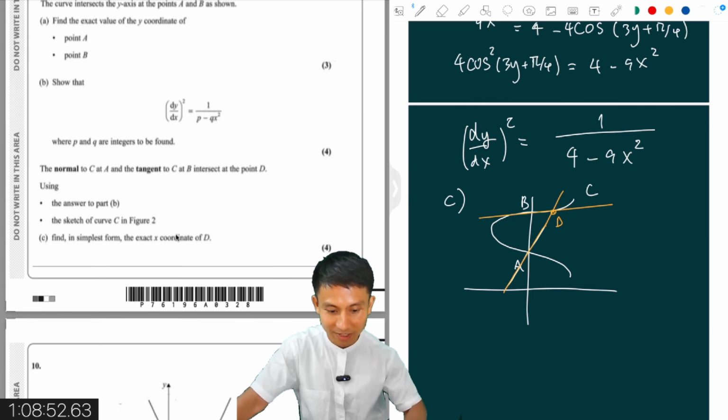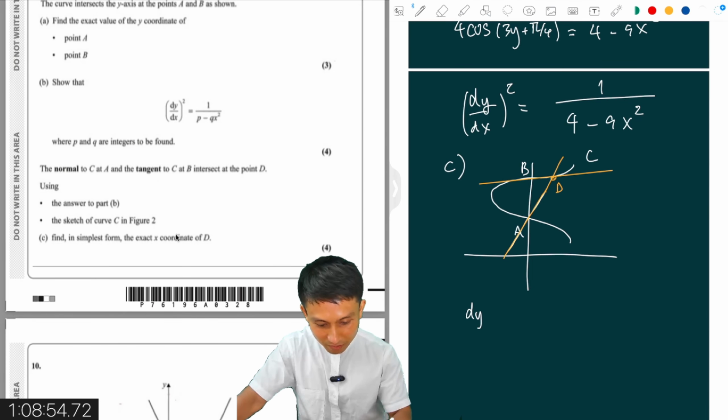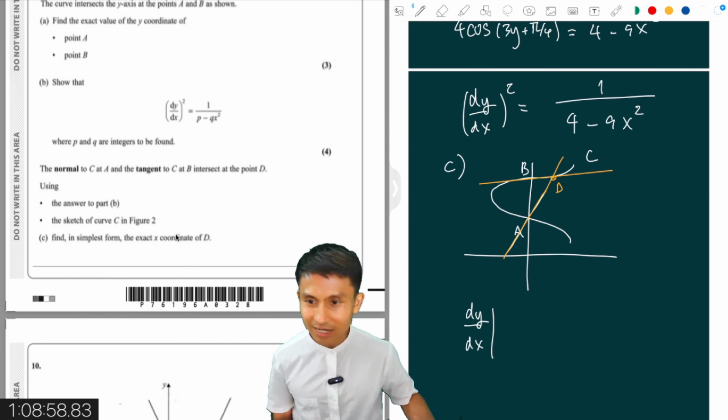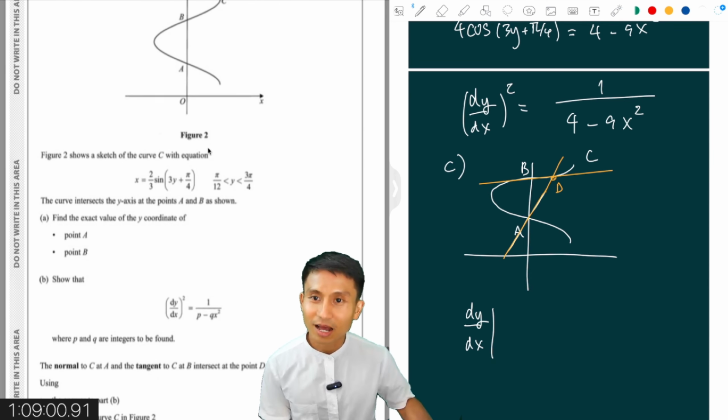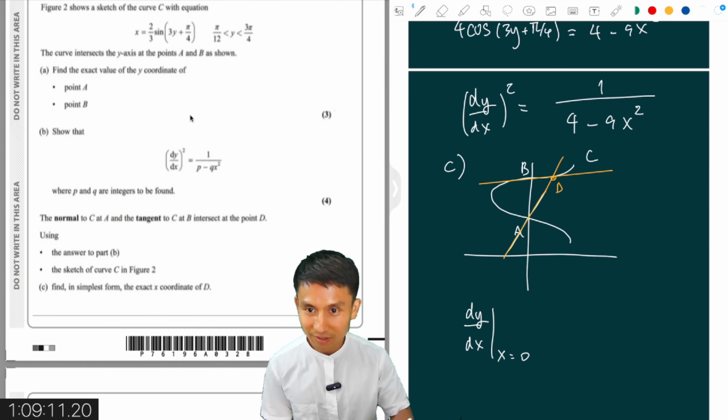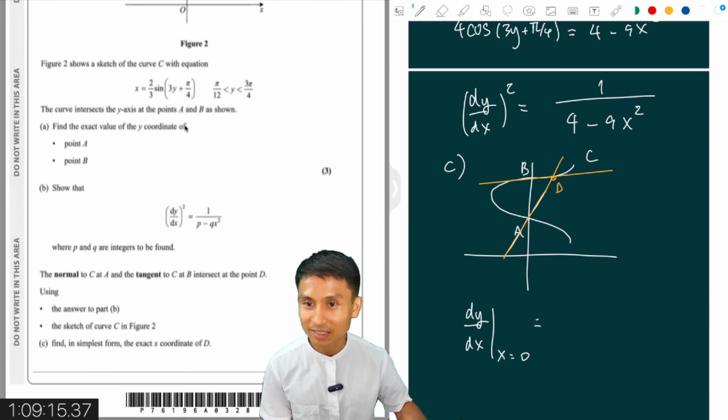So dy by dx, we've got the x coordinate here. I see. The x coordinate of points A and B is the same, 0. That's why they tell you to use that, because you've got to figure out which one makes sense.